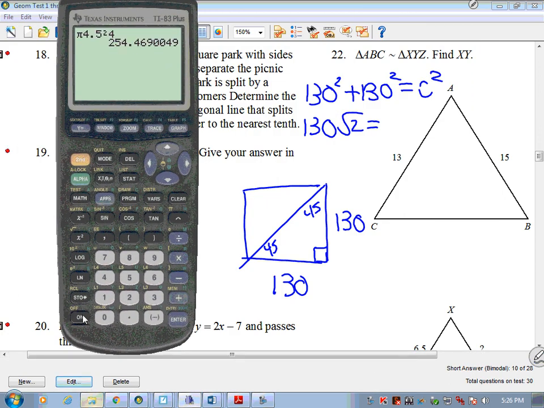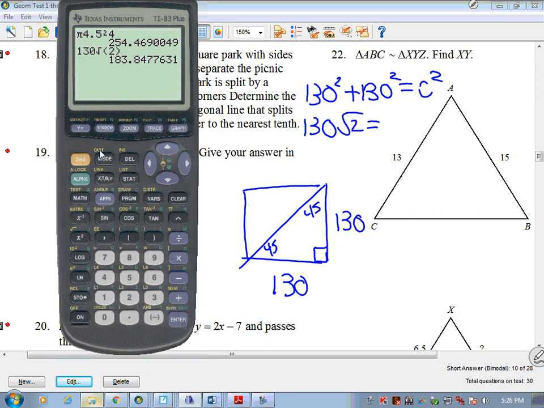130 square root of 2. Okay, I get 183.5. Let's see if that's right. 183.8. No, 183.8 is the correct answer.